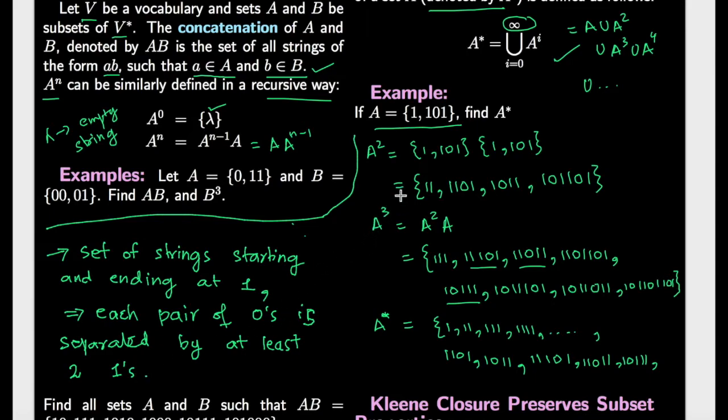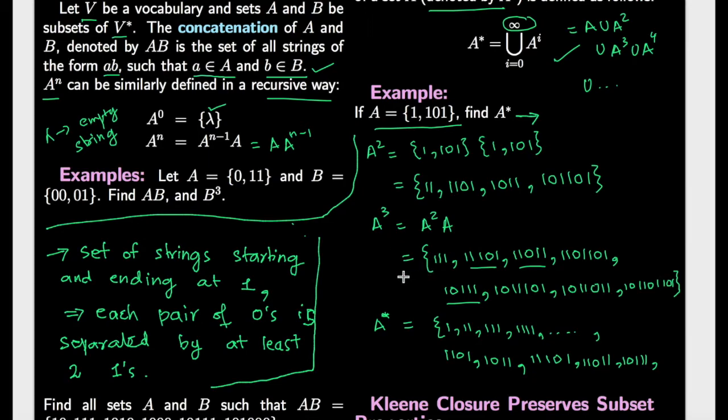So the Kleene's closure of this set gives us a set of strings which start and end at 1, and for each pair of zeros we have a separation of at least two ones. This is not clear at all at first, but once we start making patterns, we can arrive at this conclusion.